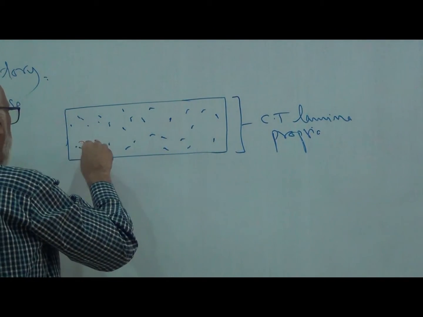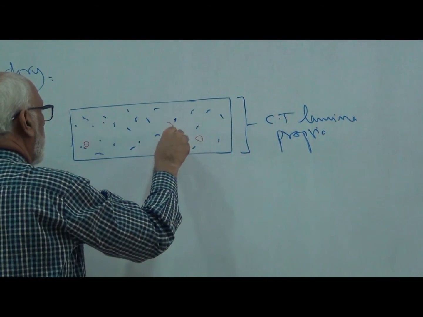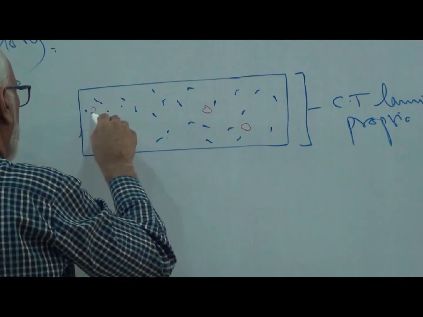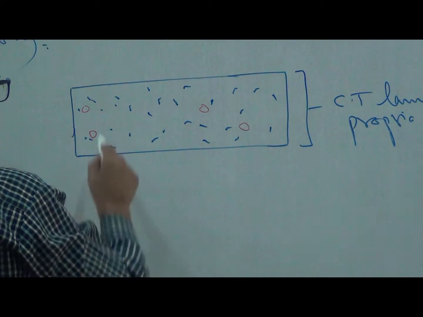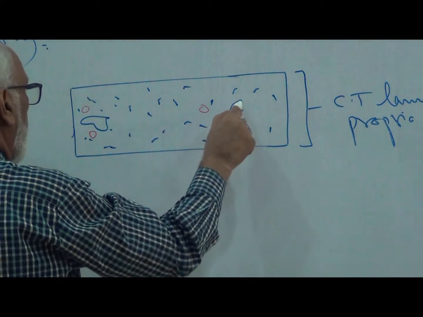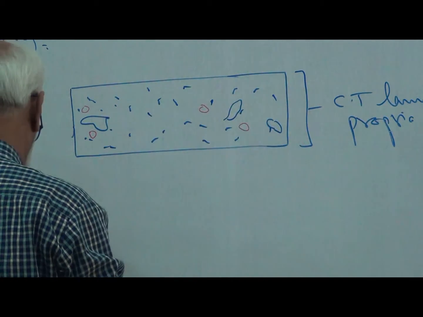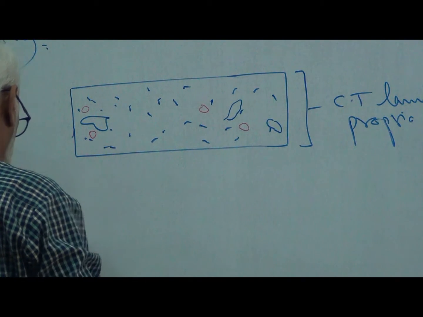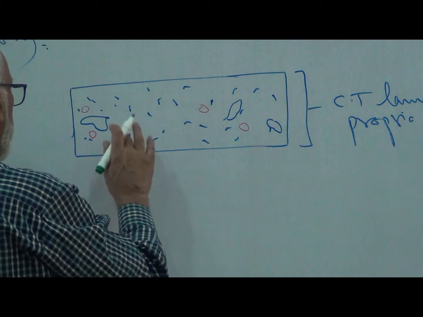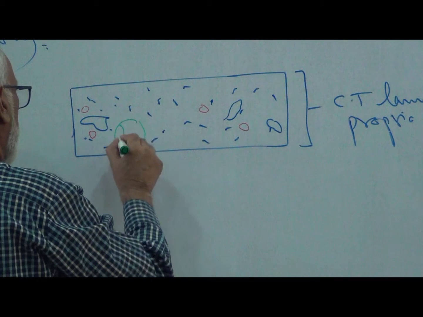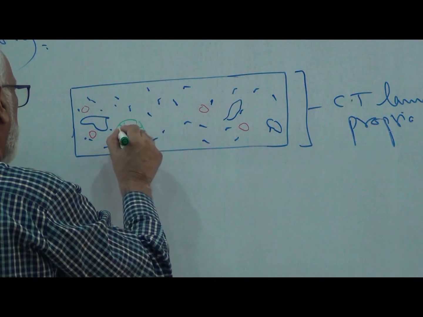There are blood vessels, and there are mucus secreting glands.